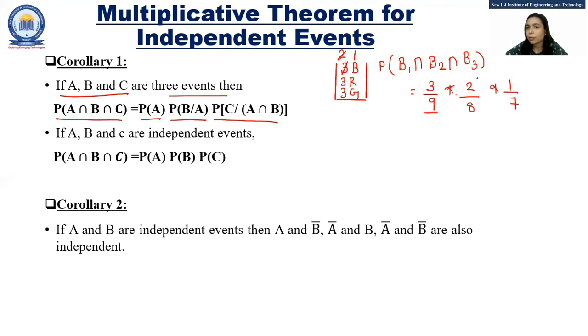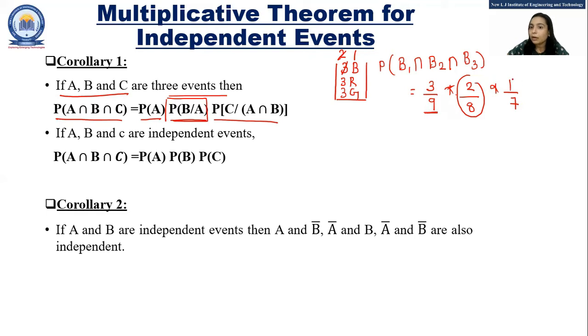So over here, the probability of getting the second black ball depends on the event of getting the first black ball, because once we draw the black ball, we are not putting that back into the bin. So this probability is affected by the first event. That's why here P(A), then P(B|A) is written, because here the probability of B is the conditional probability of B given that A has already occurred, as we have discussed.